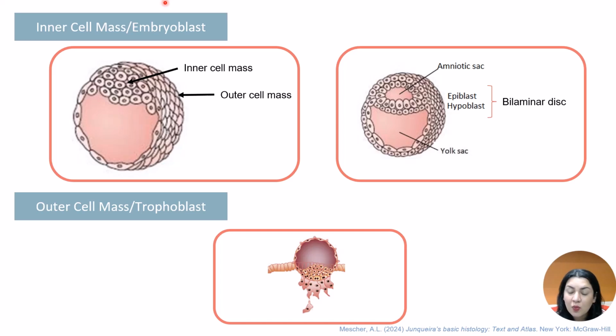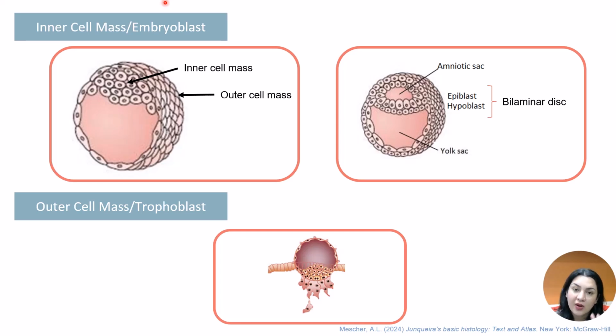So the cells within this inner cell mass are basically known as being totipotent, which means that at this point they're basically immature. And that means that as they differentiate, they're going to become more and more functional, which means that they will increasingly have the ability to start to specialize into specific types of cells within the human body, right?